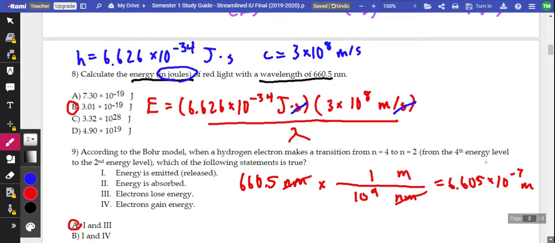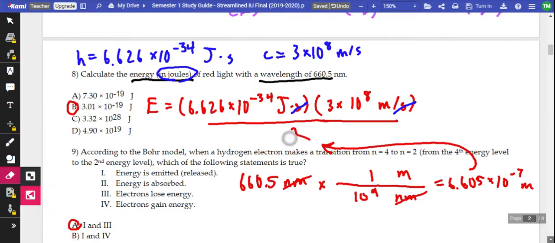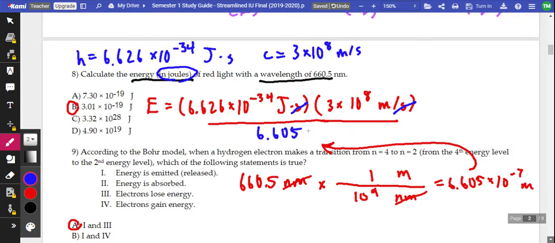Okay, so this is what I'm going to plug in for my wavelength here: 6.605 times 10 to the negative 7th nanometers. Oh, no, sorry, meters. I need the units to cancel out. Regular meters. Okay, regular meters cancel, so our only unit left is going to be joules.